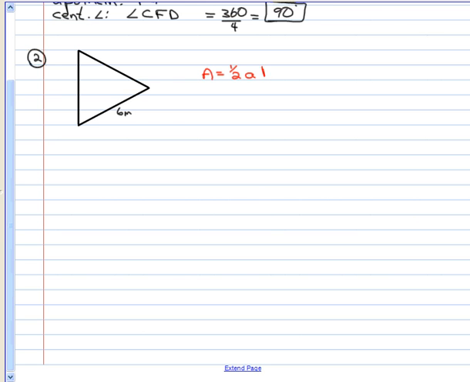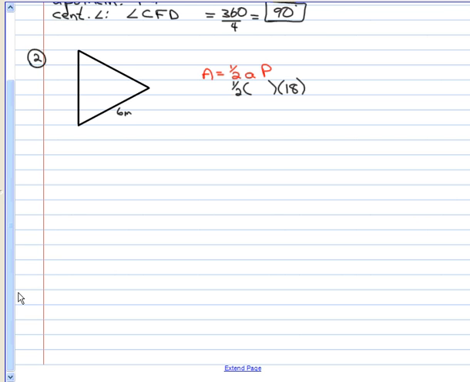I write my formula, and then I just find the numbers that go in my formula. 1/2 apothem times perimeter. Now I could fill in the perimeter already. 1/2, I'll leave a space for my apothem. What's the perimeter? 18. Because it's a triangle, 6 times 3, 18.